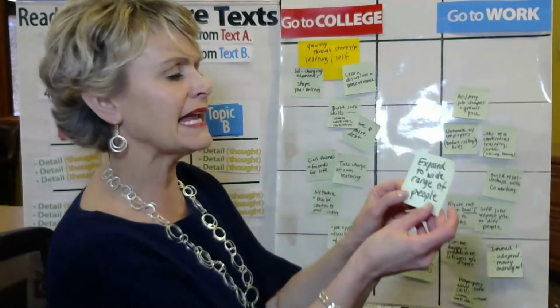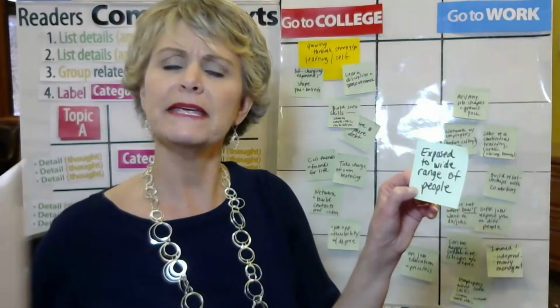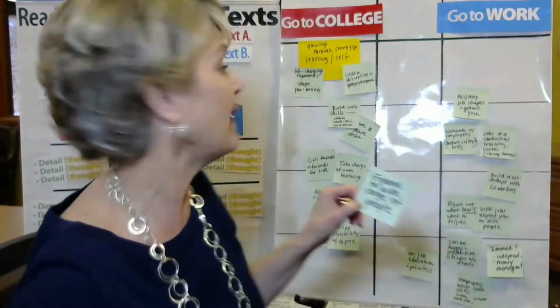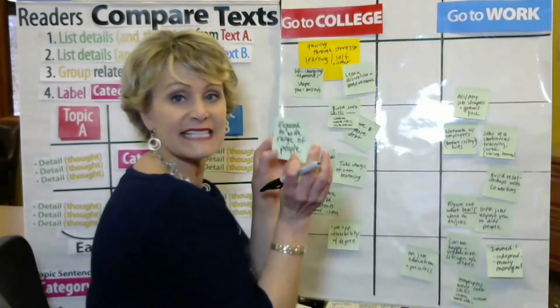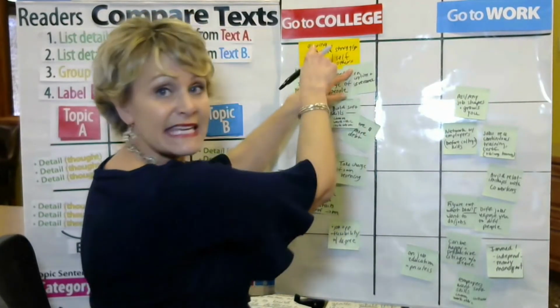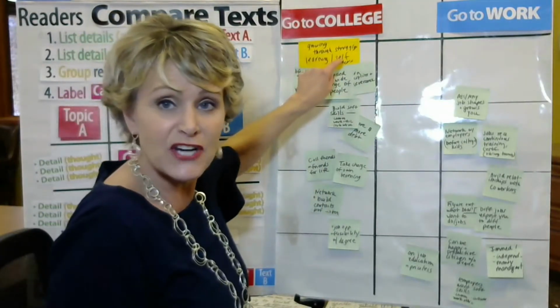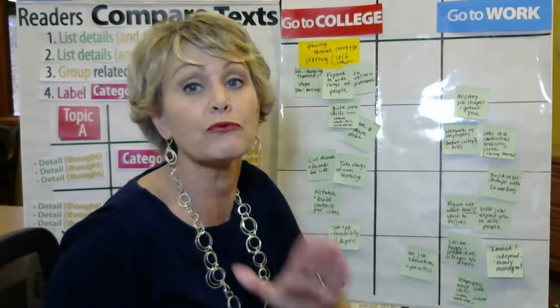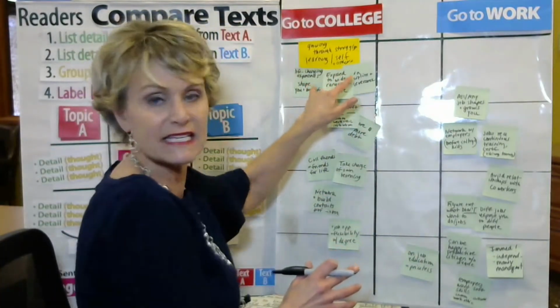Exposed to a wide range of people. Well, because I'm going to learn about other people. Learn about myself and others. See, as I add a detail, now I can adjust by thinking about it a little bit. You know what's huge? This thinking voice, these notes in yellow are huge for when you're ready to write about why you put them in a group. This tells you why you see this grouping.